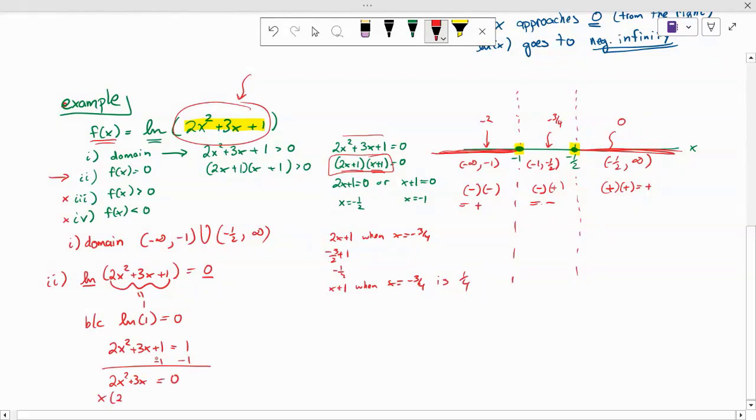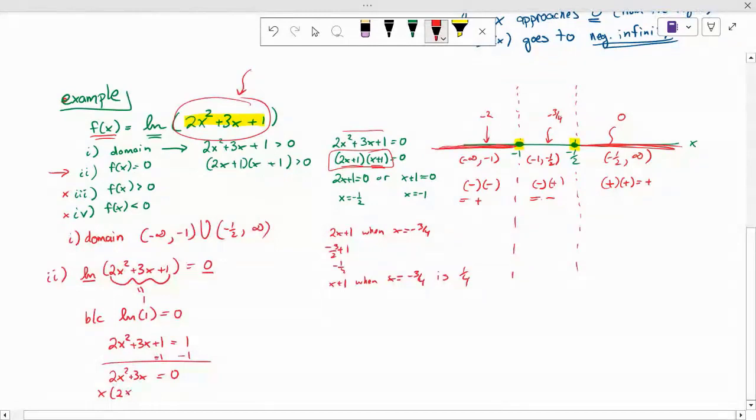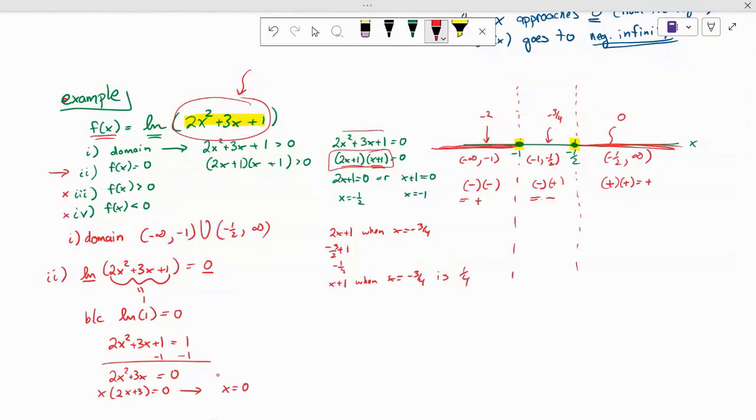Here we can factor an x out. And so this is 0 whenever x is 0, or x is negative 3/2. Okay. You do need to make sure, though, that these values of x are in the domain of the function, right?